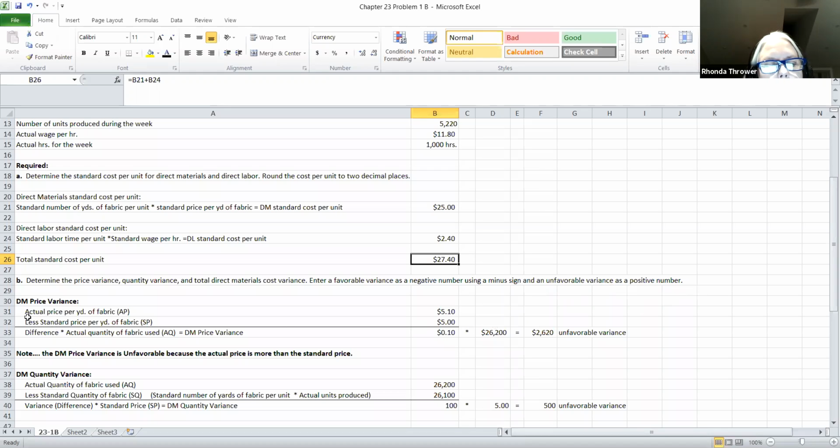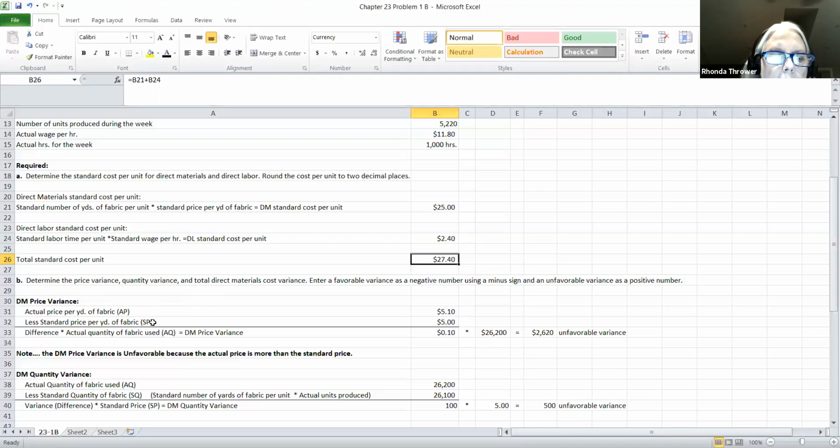All right, so anyway, to determine the price variance, there's a formula for that. You're going to take your actual price per yard, and you're going to subtract out your standard price per yard. I've abbreviated this out to the side because when I'm normally in a classroom, I like to use abbreviations.